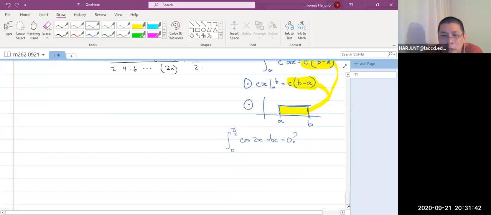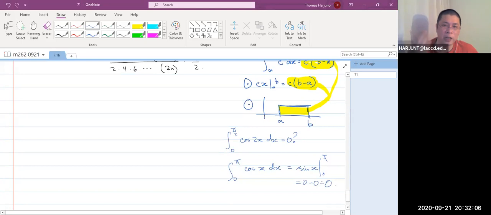Let me answer this first. Before I answer that one, integral from 0 to pi of cosine x dx. You can just integrate this, okay? You said this is sine x from 0 to pi, and that will be 0 minus 0, that's equal to 0. Do you agree?